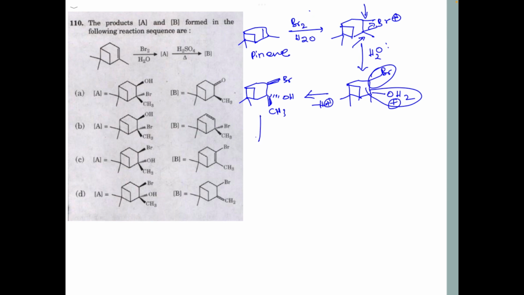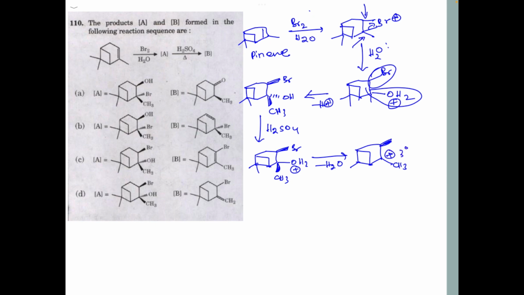When we treat this molecule in presence of sulfuric acid, protonation will occur on the hydroxy group. And water will be removed in the next step from this intermediate, and we will have the corresponding carbocation, a tertiary carbocation.